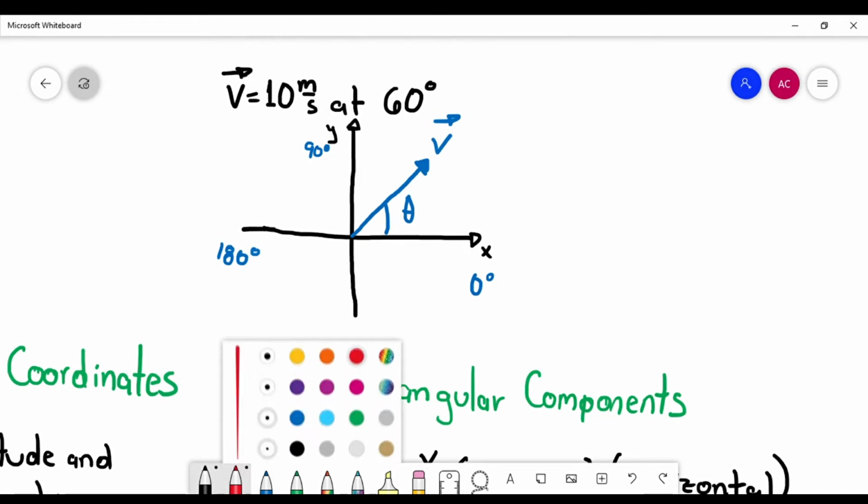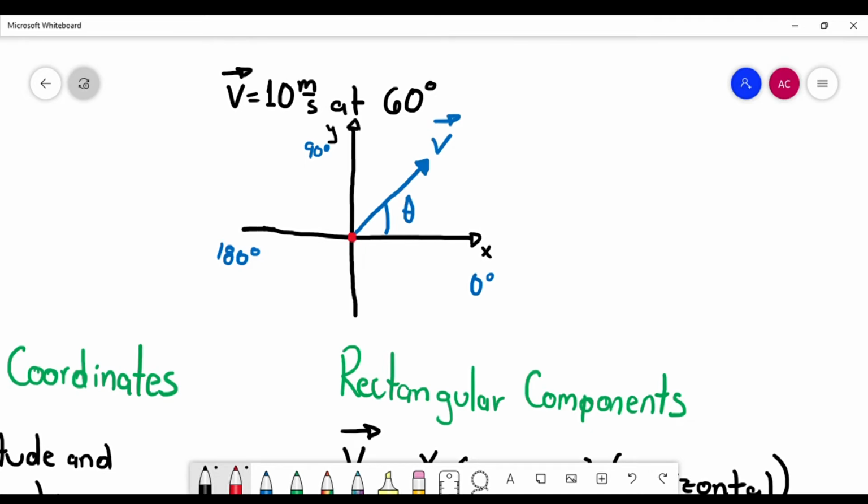So the rectangular components are going to start exactly the same from the origin. So this vector has one horizontal component over here. This is bx, and this is by. I said before, and I say it again, every vector has two rectangular components.